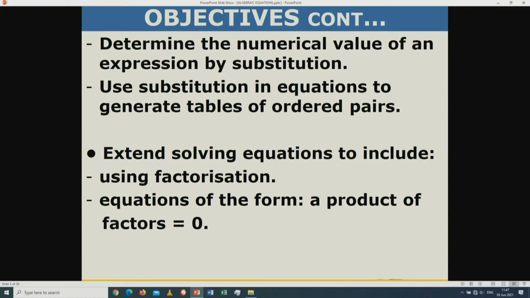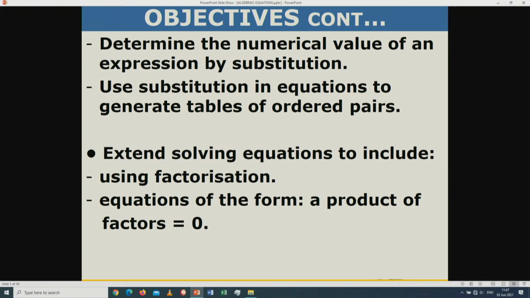Right. And then again, we have to determine the numerical values of an expression by substitution, meaning you'll have the value for a particular variable, and then you substitute to get the whole expression.